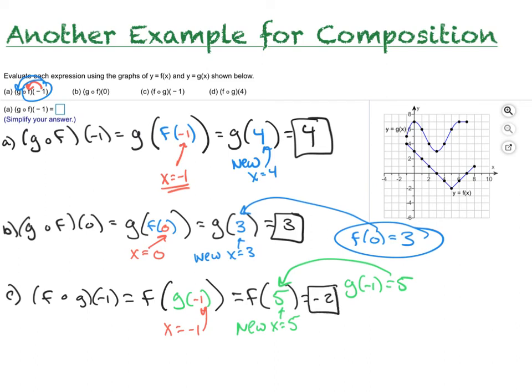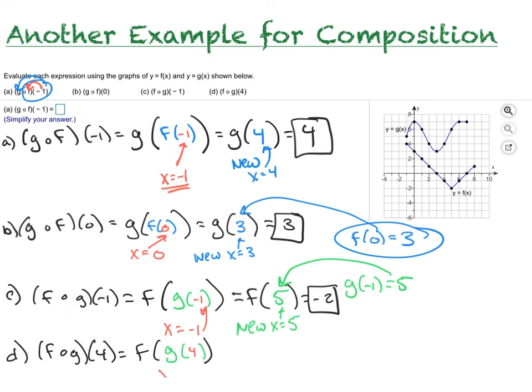Okay, and then finally, I think I have just enough room here for D. f of g of 4 means f of g of 4. Let's close those.